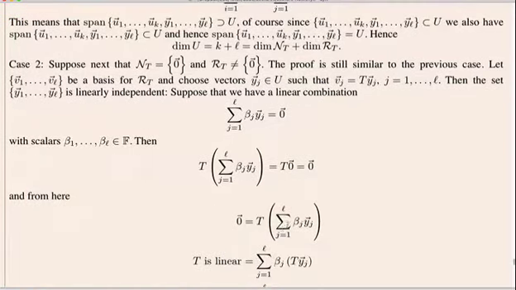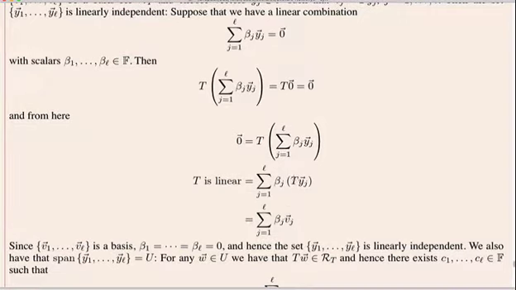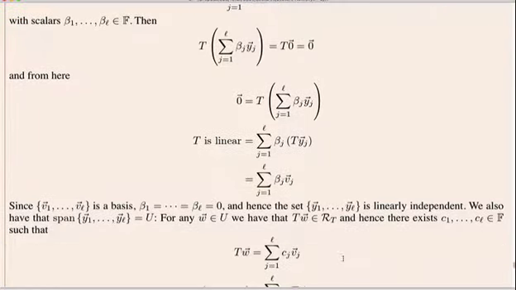And then from here we can again take T inside the sum, so we get T of y_j inside the sum, which is v_j, and we have that this linear combination of v_j's is 0, but v_1 to v_l is a basis in the range. That means all these betas must be 0. That means that y_1 to y_l is linearly independent.